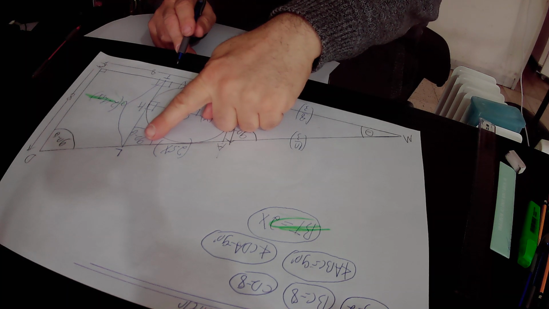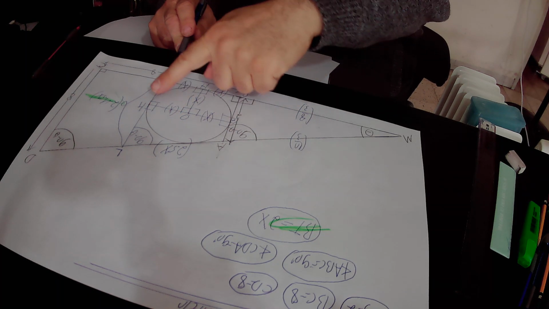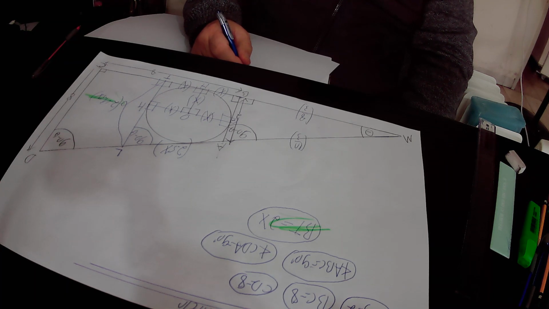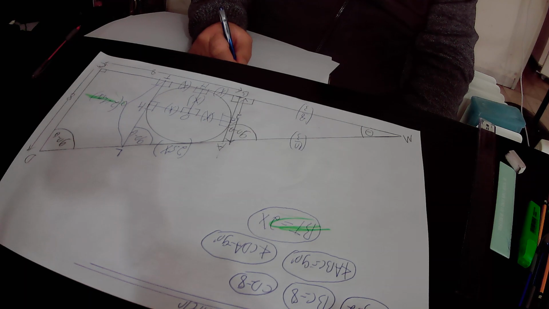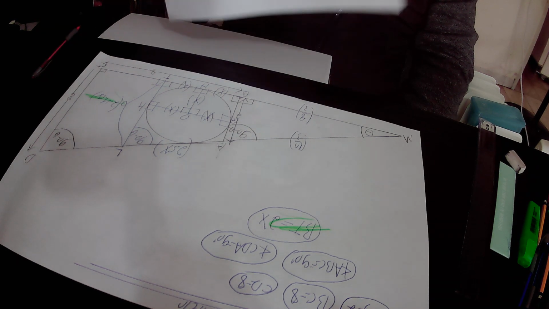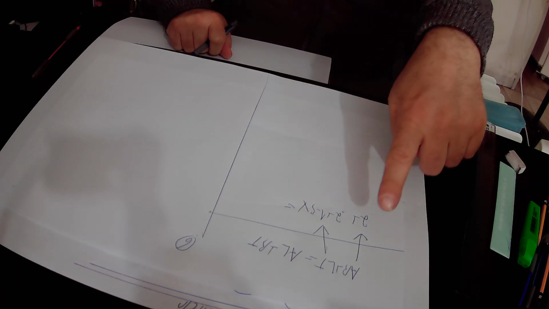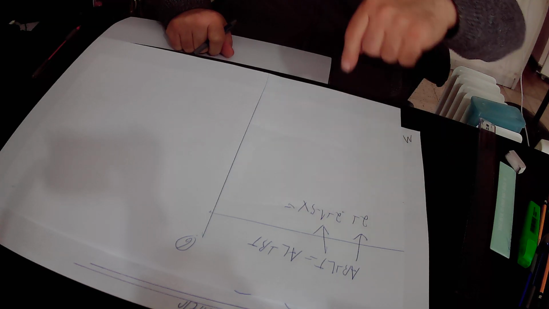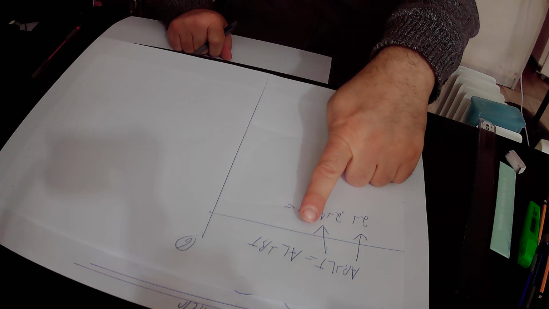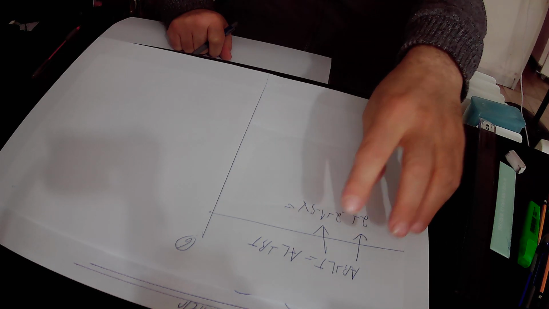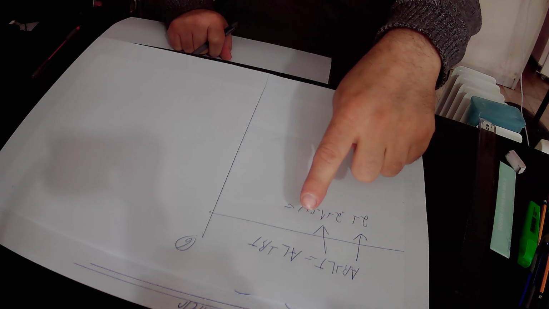LT, this segment, is equal to 2 plus 1.5x, so we substitute LT by that. This is one side of the equation, and it equals the other side of the equation.